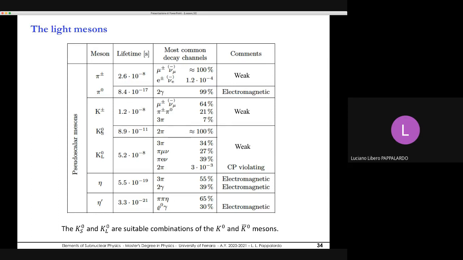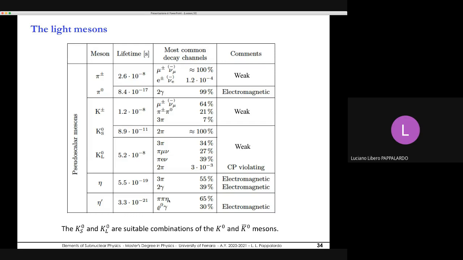Here you see a different notation, the k short and the k long, S and L. As we will study next in the weak interaction chapter, we will see that actually the k short and k long are combinations of the k0 and k0 bar mesons. So this we will study next, why we call it this way. And then we have again all these decay modes. Then we have the eta and eta prime, which only decay electromagnetically into either pions or photons or whatever here.